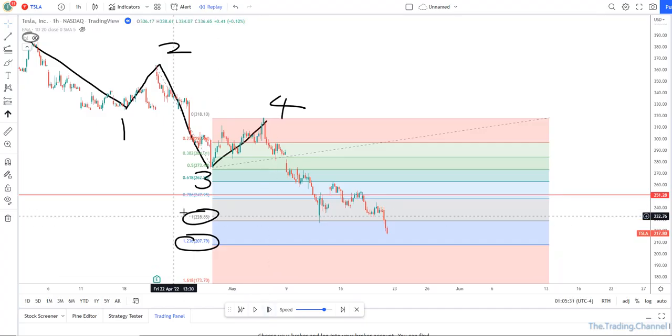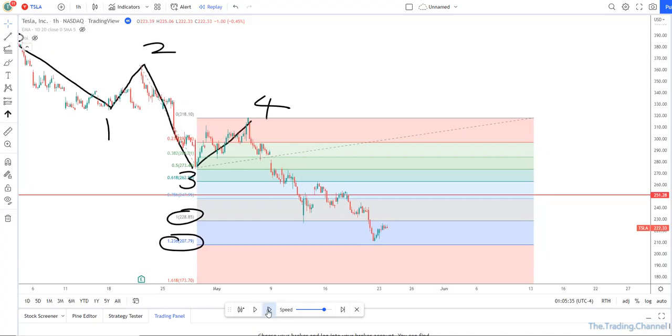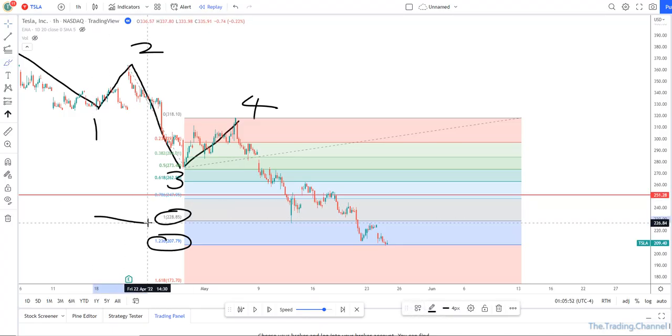So you can see that the 1.0 is gone. Now the next level is the 1.236. Now it is at the 1.236. For example, if you want to buy for your investment, you definitely can buy here at 209, because usually the zone in between 1 and 1.236 is where the wave 5 will end.